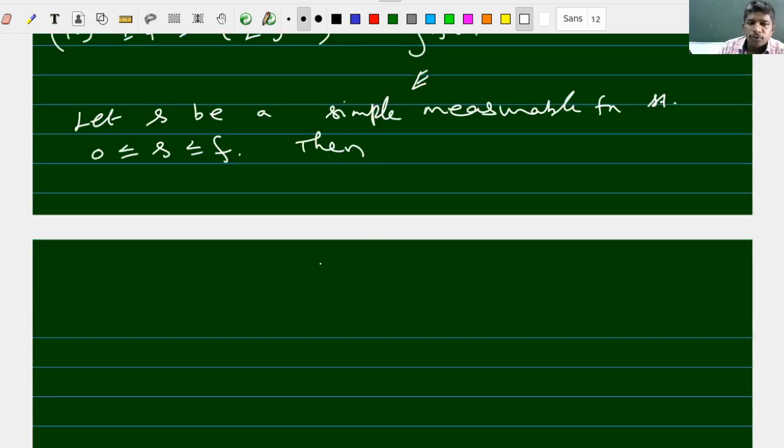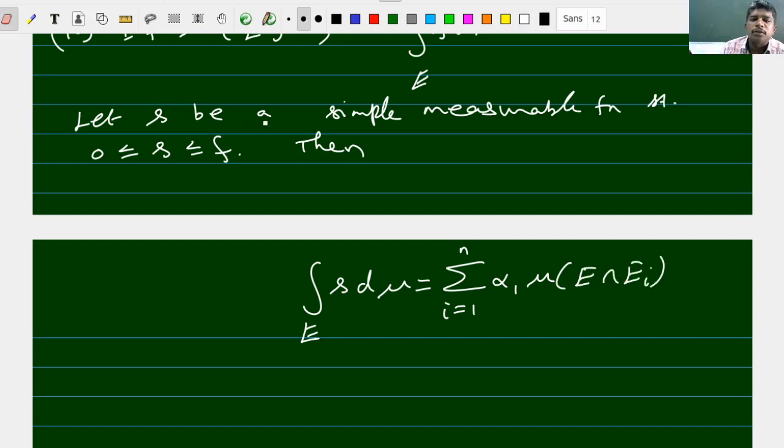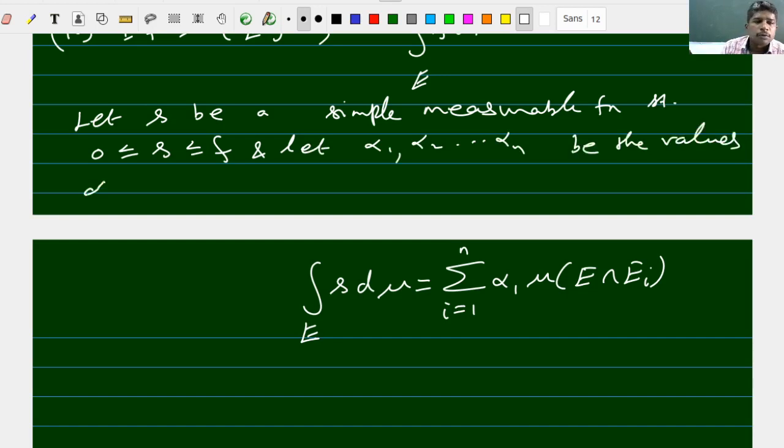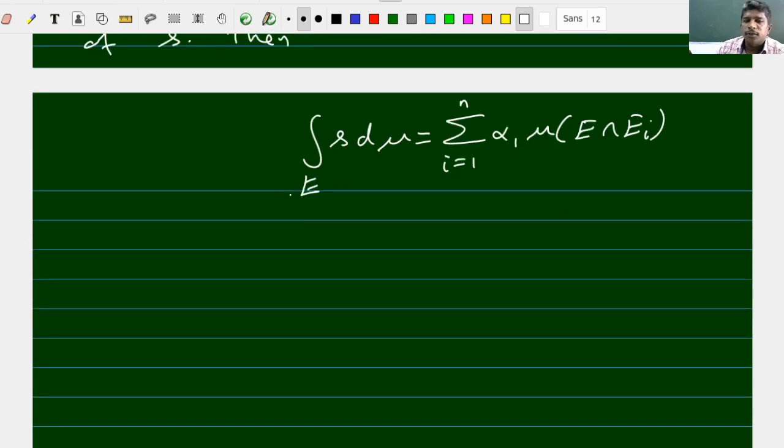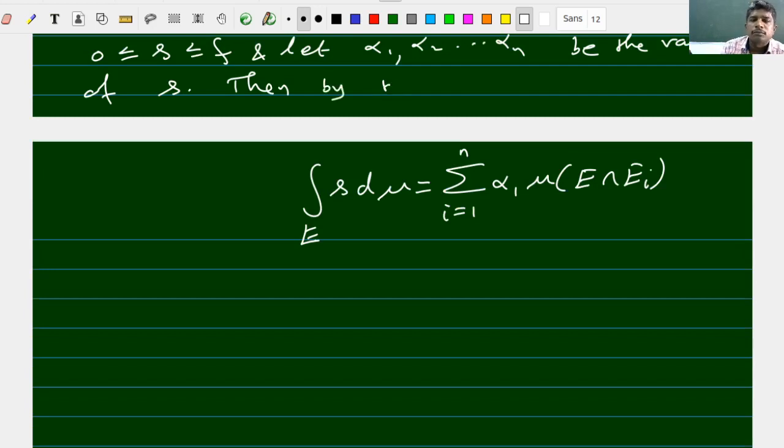Then the integral over E of s d mu, by definition, is the sum of alpha i times the measure of E intersection Ei, where alpha 1, alpha 2, ..., alpha n are the values of s. But the measure of E is 0, so all measurable subsets of E have measure 0.